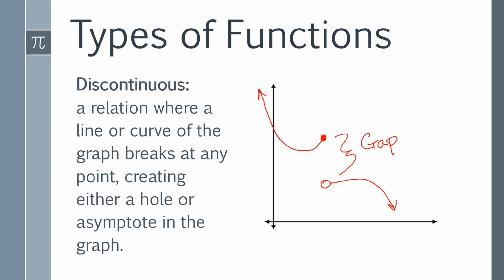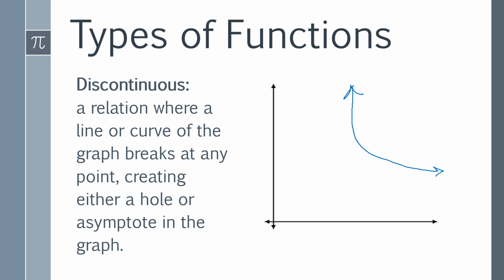Now an asymptote is something that occurs within a graph where we are coming very close to a value, but we don't touch it. So we might have something that looks somewhat like this. This asymptote gets really close to this x value here, but it doesn't touch it.